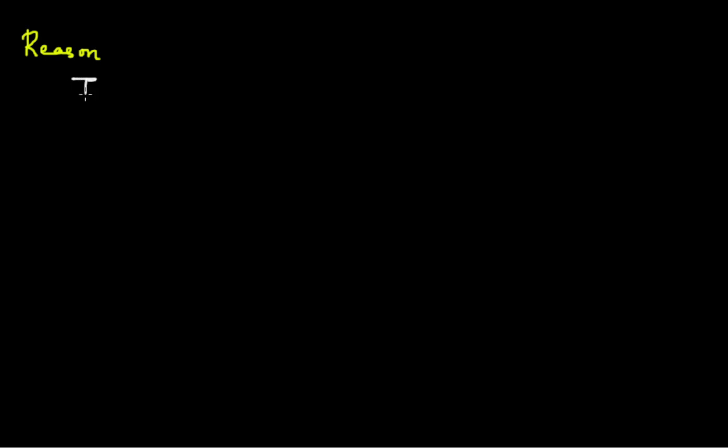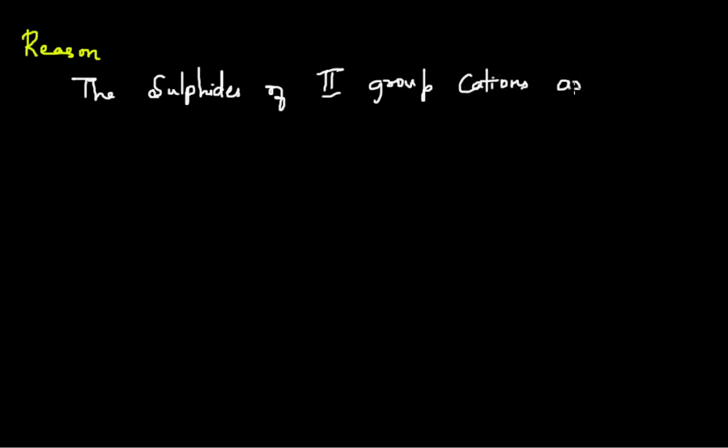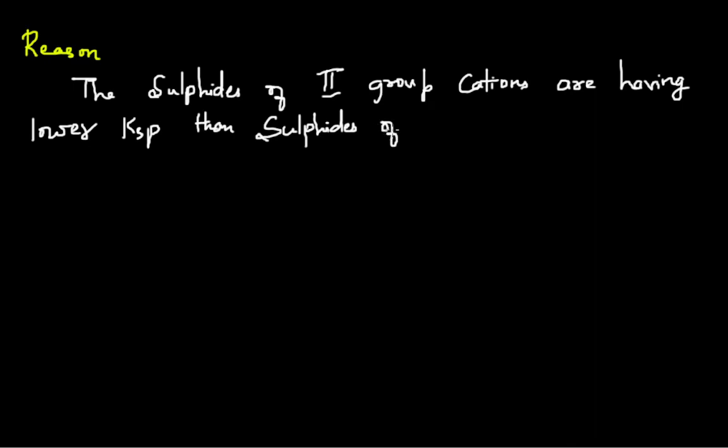So the sulfides of second group are having lower KSP, lower solubility product than sulfides of further group cations.